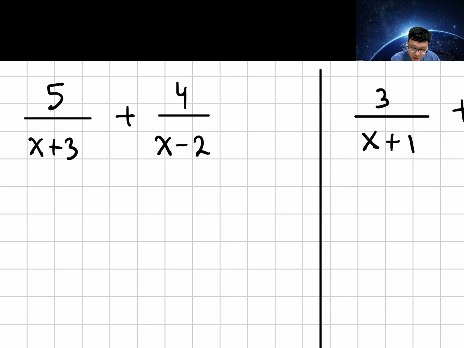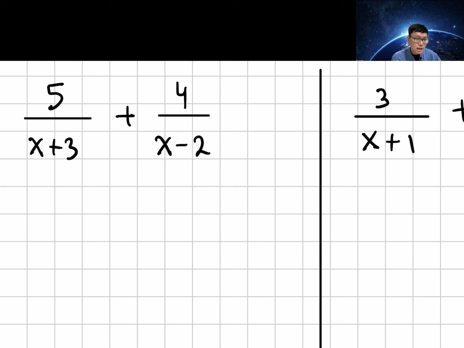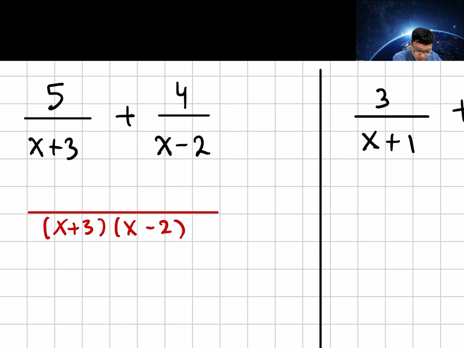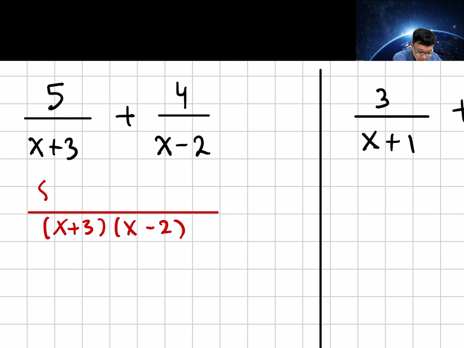As you can see here, we have two proper fractions, and if we combine them, we multiply the denominators, becoming x plus 3 times x minus 2. Then dividing this by the first denominator, you get x minus 2, and then times 5, you get 5 times x minus 2, plus 4 times x plus 3.